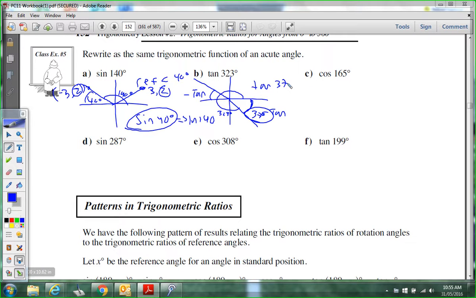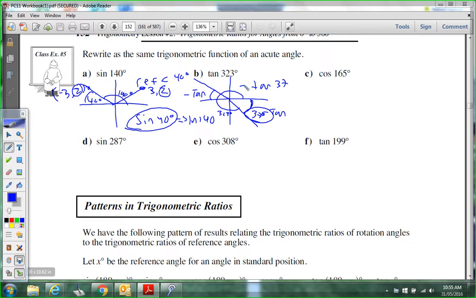So how can I change it? Put a negative in front. Okay, so try that real quick. All I've done is write the acute angle, and I know it's supposed to be negative, so I put a negative out in front. That's all I did. We're going to come back to quadrant 1 every time, but we're going to put a negative or positive in front. So if you put tan of 323 and negative tan of 37 in your calculator, you'll get the same value.